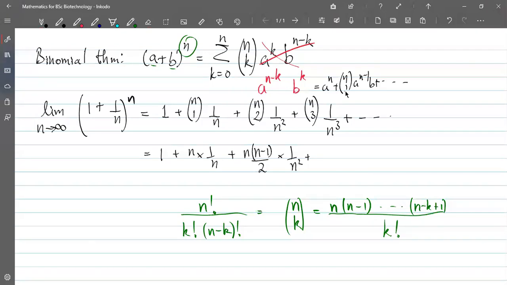And similarly, what will be the next one? n times n minus 1, n minus 2, upon 3 factorial, that's nc3, times 1 upon n cube, and so on. Right.